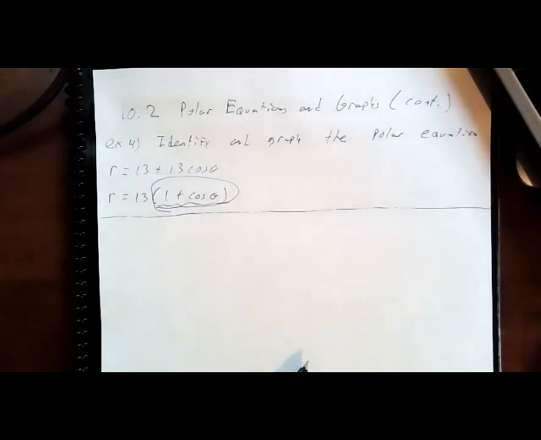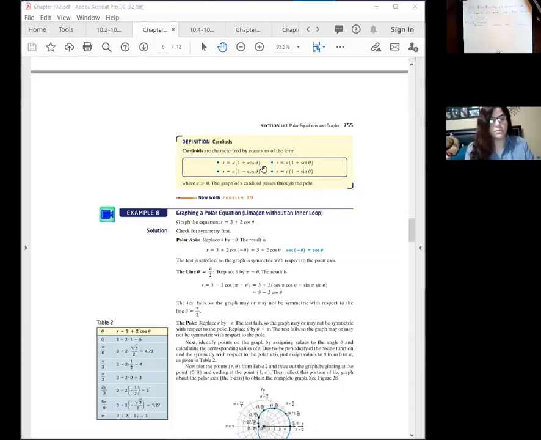If you look at the book notes here, where is it? Here it is. So I would recommend putting this on a formula sheet. This is what's telling you cardioid.